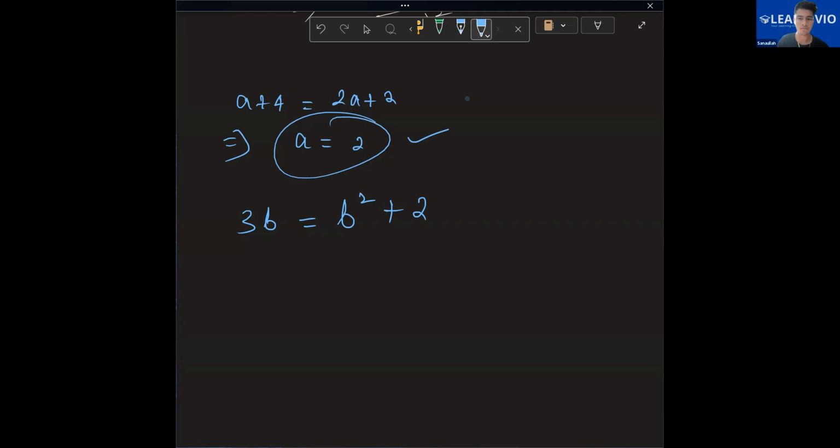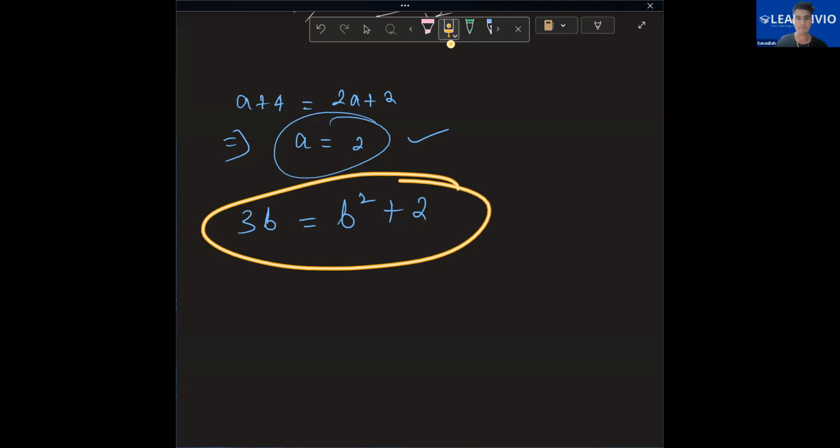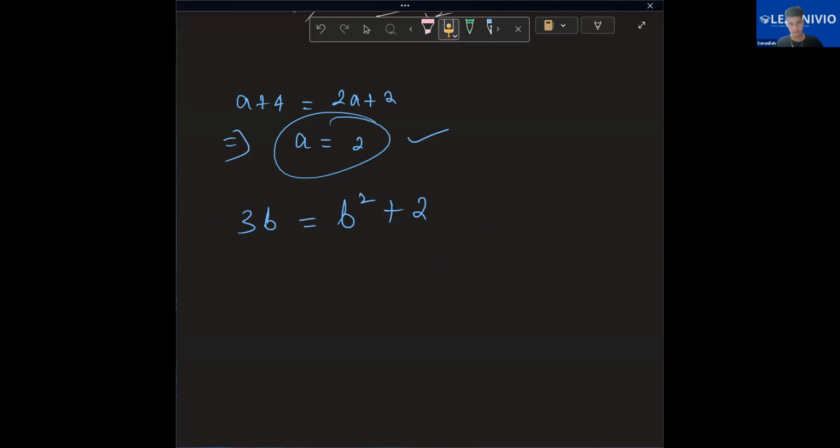Do you know how to solve quadratic equations, get the roots? Do you know what a quadratic equation is? Sir, it will be in the form of ax squared plus bx plus c, the polynomial that has the highest degree of 2.